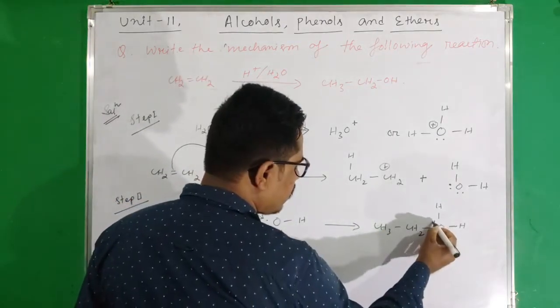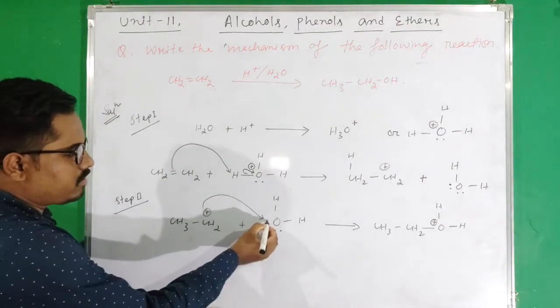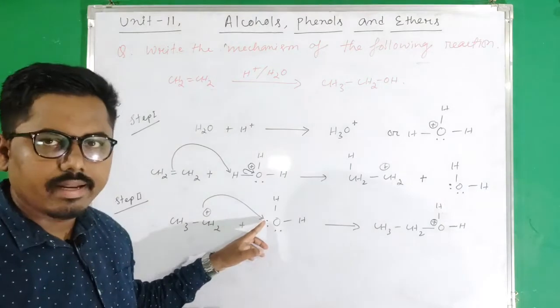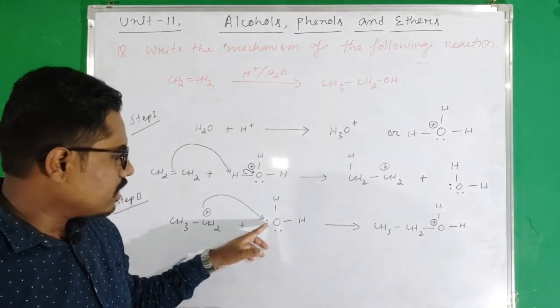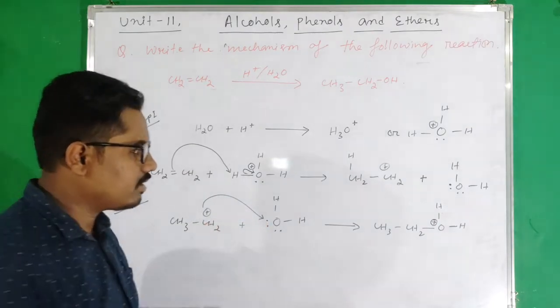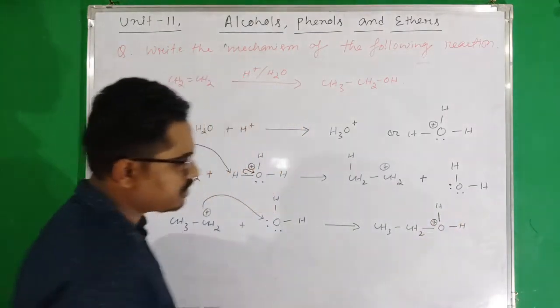will appear on this oxygen atom, because at first this oxygen atom had 2 electrons, but now both these 2 electrons will donate to this vacant carbon, resulting in positive charge on the oxygen.